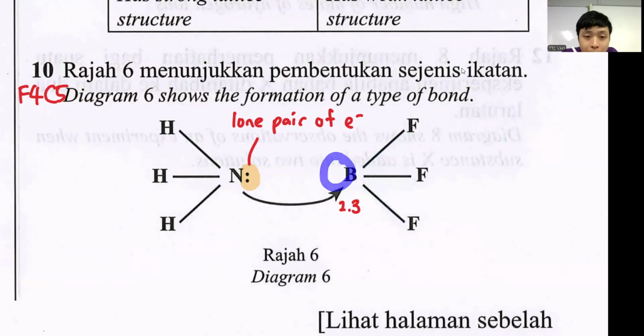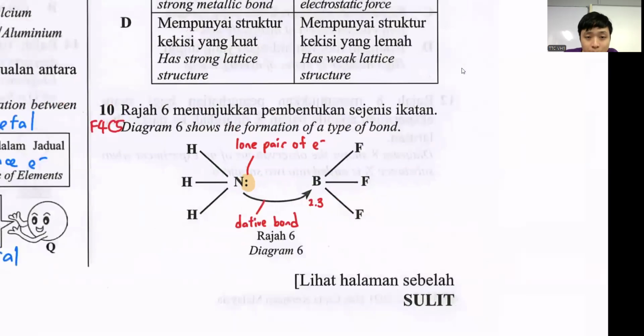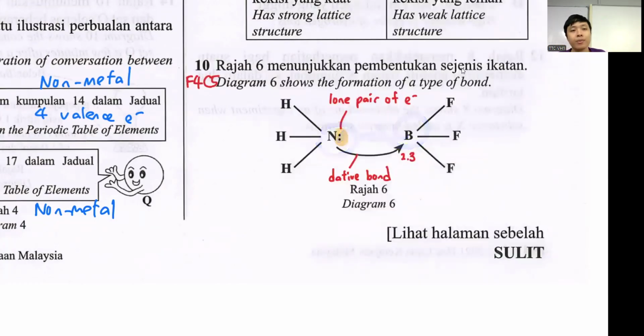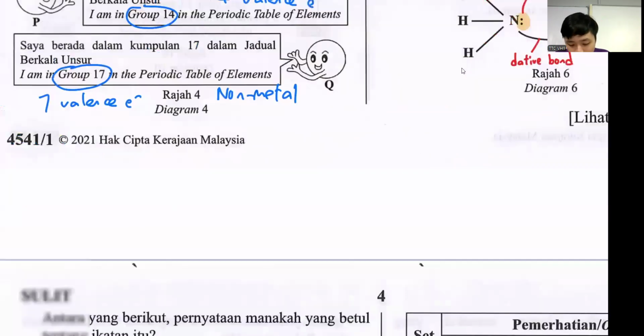Poor guy. So that's why between them they form a dative bond. It means nitrogen, being the generous one, straight away contributes 2 electrons to share with boron.